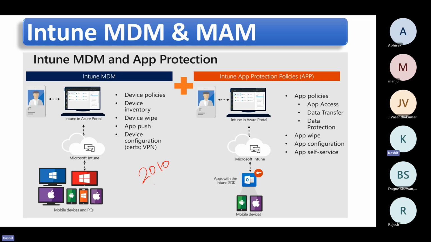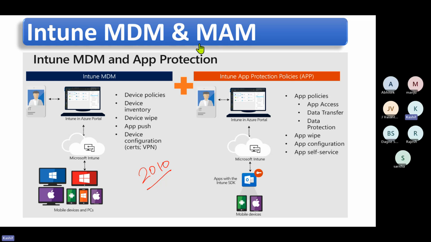The main feature of this product is to manage devices and applications. So, MDM, mobile device management, and MAM, mobile application management. These are the two important core features of this product: to manage devices and manage applications.